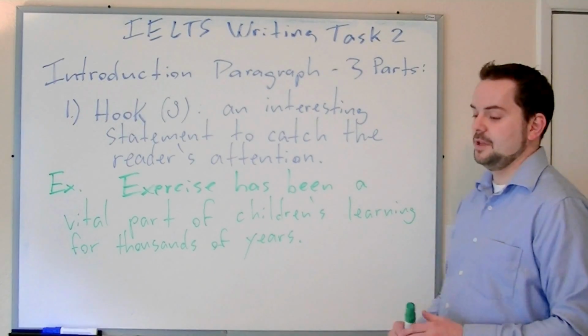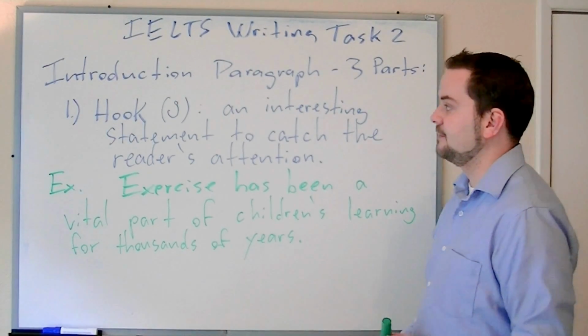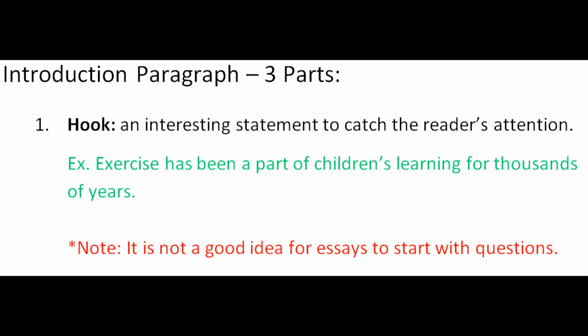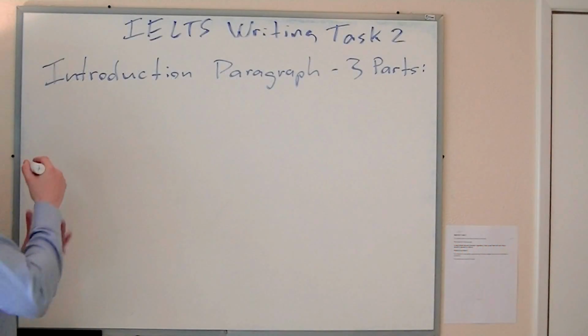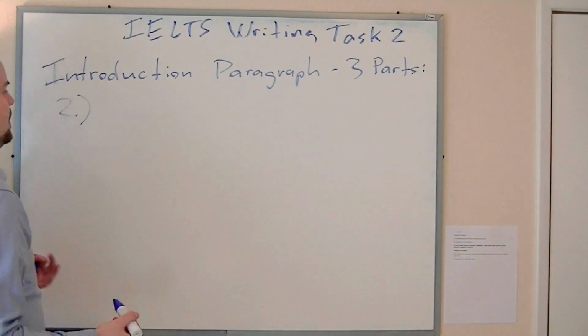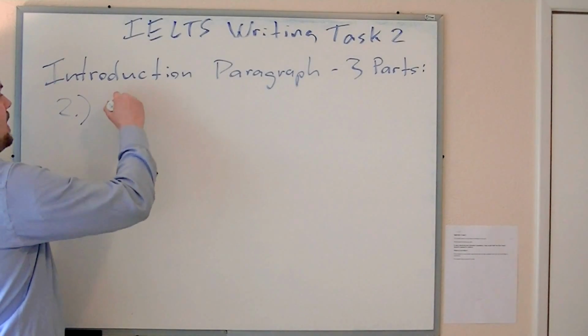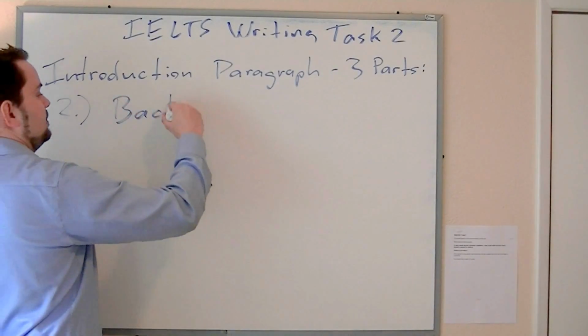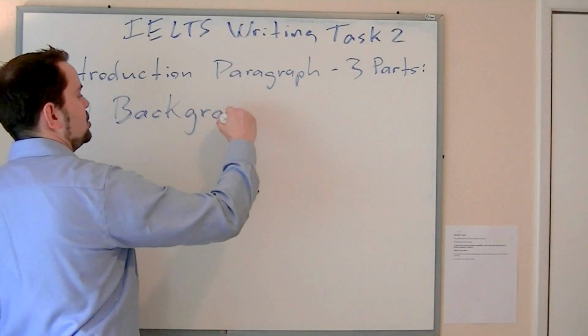Now the second part of the introduction is a little bit different. Okay, so part 2 of the introductory paragraph is what we call the background, sometimes called the background information.